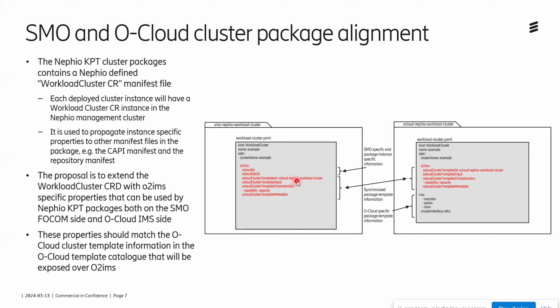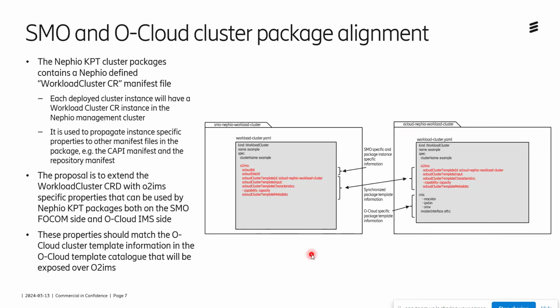And the template ID is something that needs to match between the template package definition on the SMO side and the template package definition on the OCloud side. For now, I'm suggesting that this is more of a name reference that is not really related to a Nephio package revision or something.